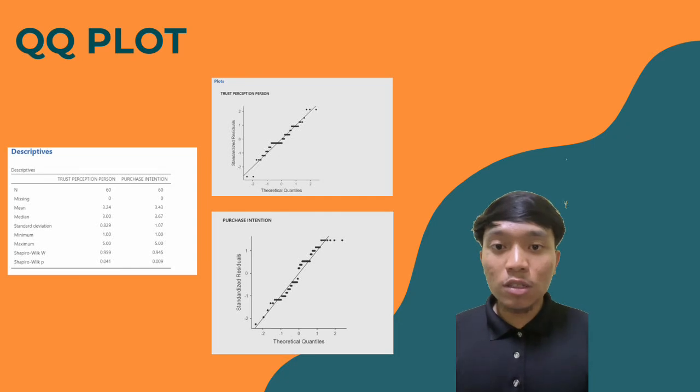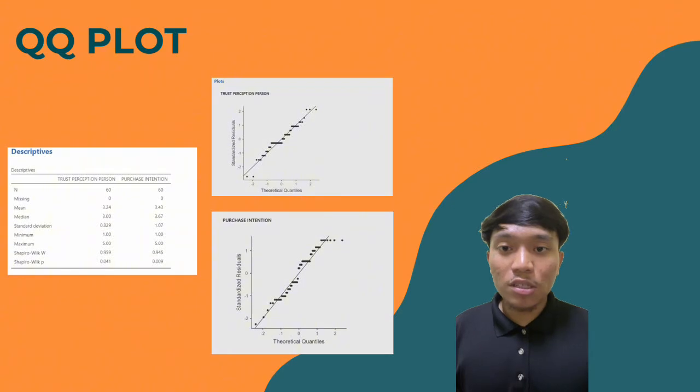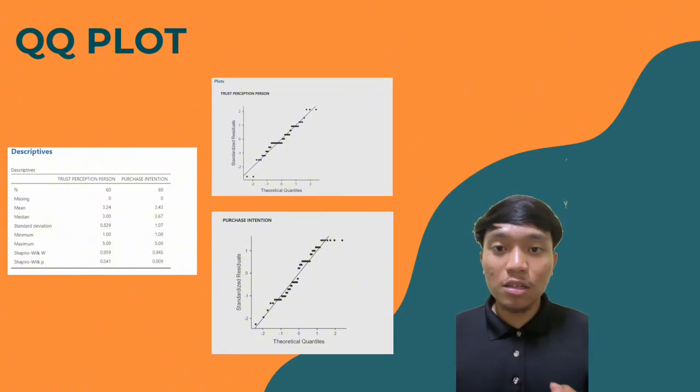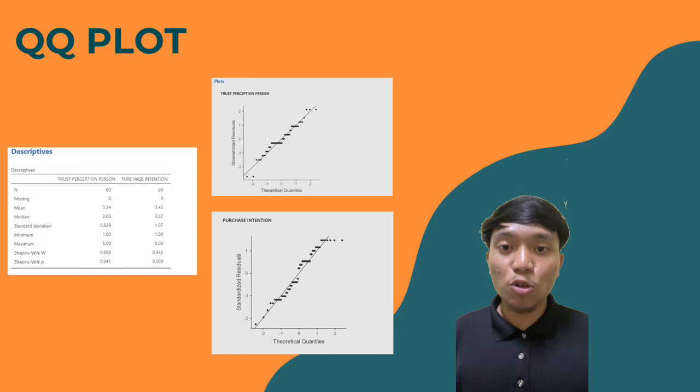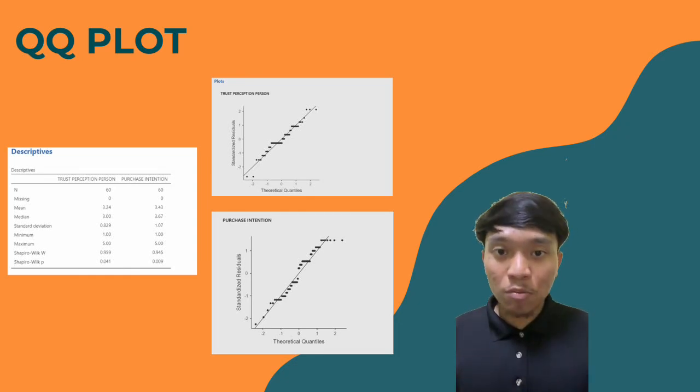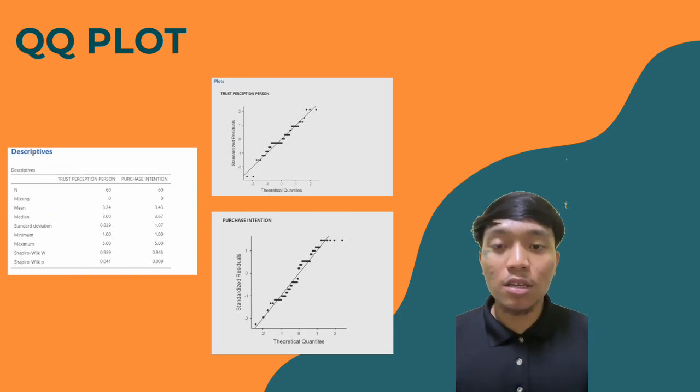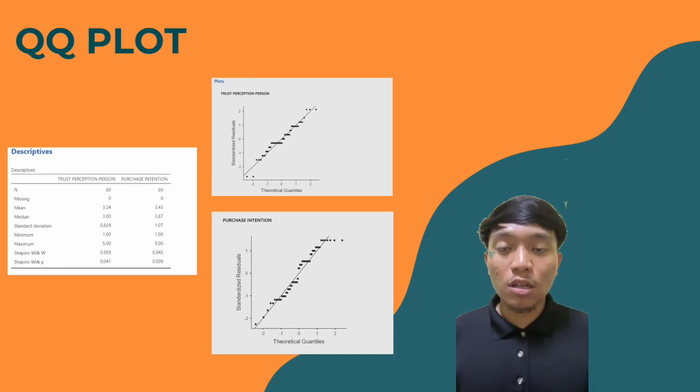To confirm the visual observation from the QQ plot, we also refer to the Shapiro-Wilk test, which is a statistical test used to assess normality. For trust perception percent, the Shapiro-Wilk statistic is 0.959 with a p-value of 0.041.